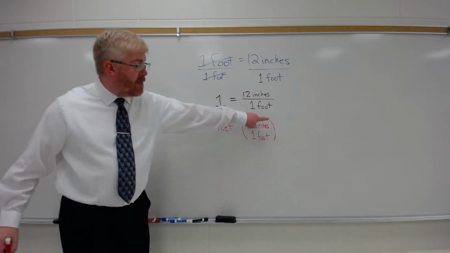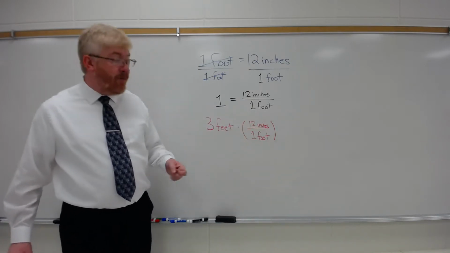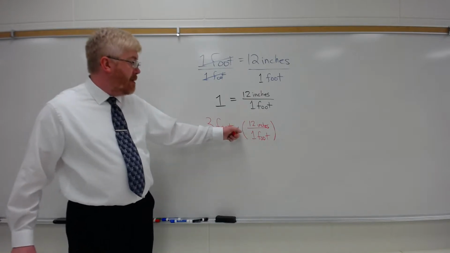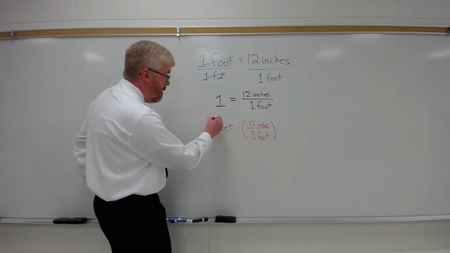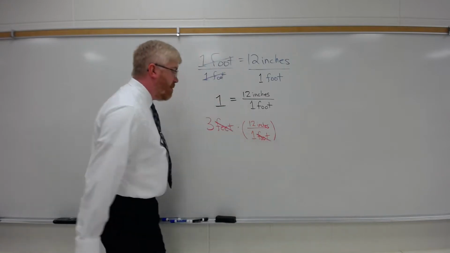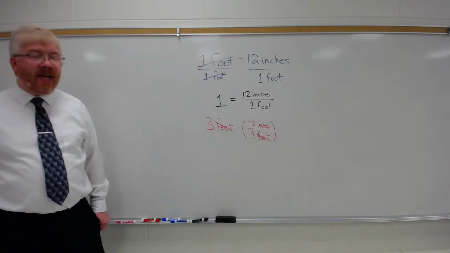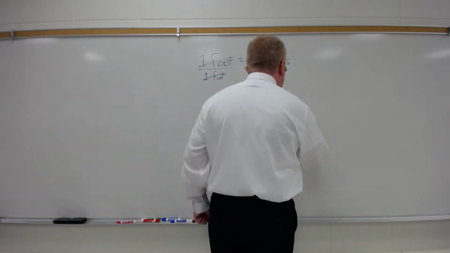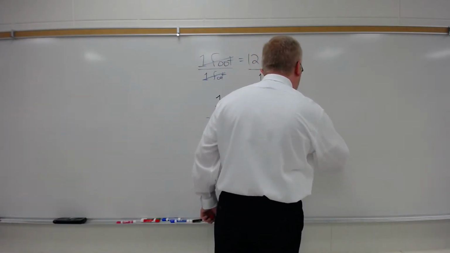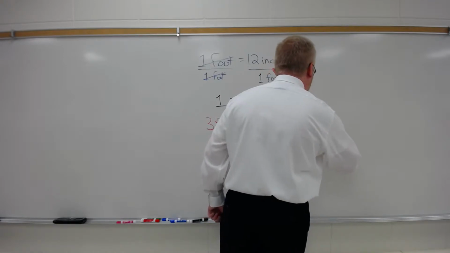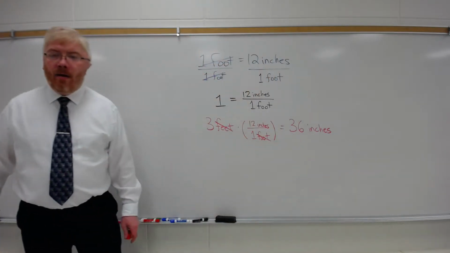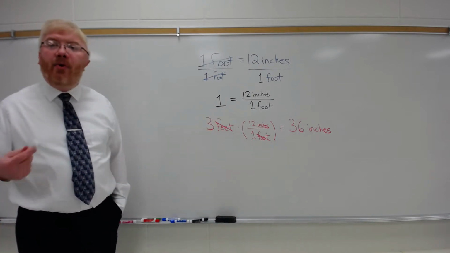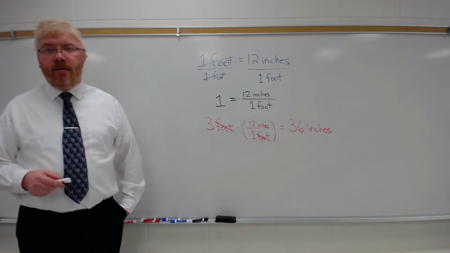Note that this, in parentheses, is equal to 1, so I'm not changing this measurement. 3 feet times 12 inches to 1 foot, the unit, right? Feet cancel, inches remain. 3 times 12 is 36. We have 36 inches.